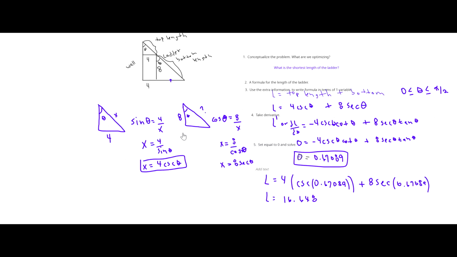Once you have your critical number solved for, you want to make sure you use that to actually answer the question, which here was to come up with the length of the ladder. I just had to round to the nearest 2 decimal places. So we would say 16.65.